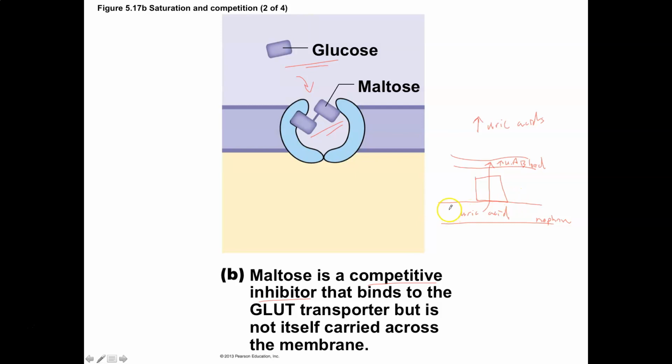So what if you took a medication, so we'll put MED here, what if you had a medication that comes along and competitively inhibits the carrier protein, so we get a medication here that blocks the carrier protein and doesn't allow the uric acid to be reabsorbed back into your bloodstream.